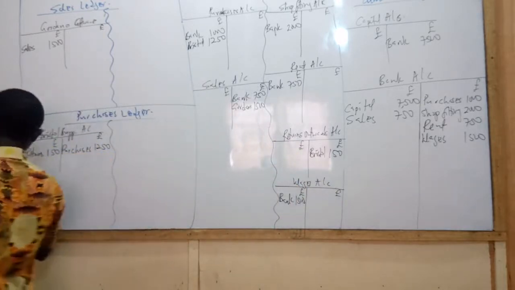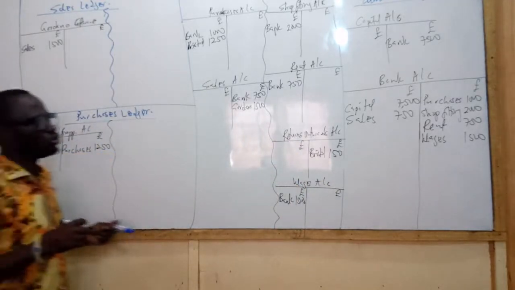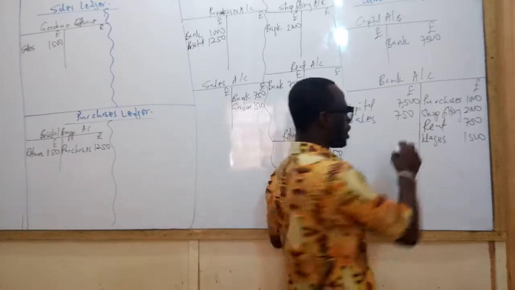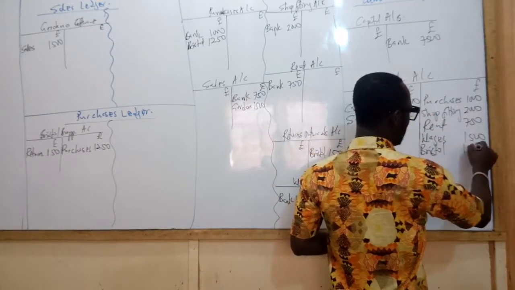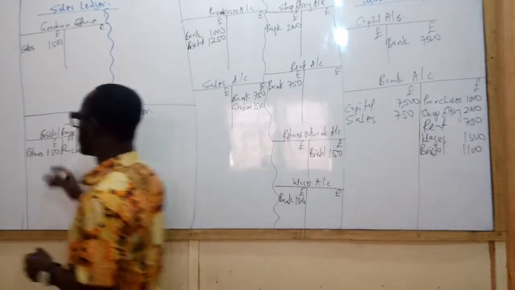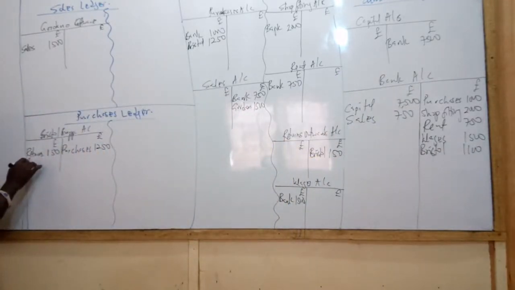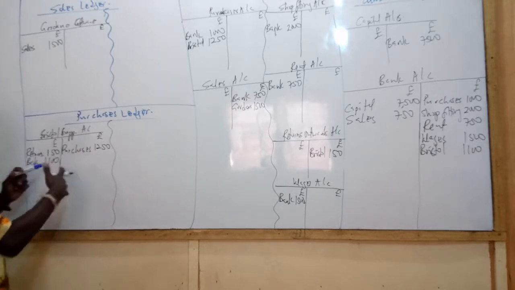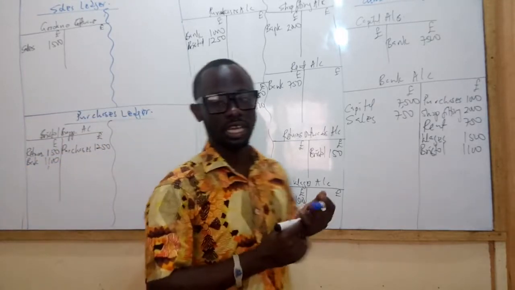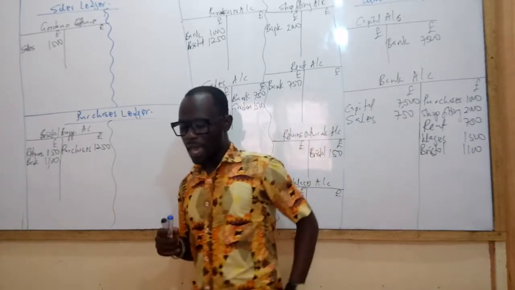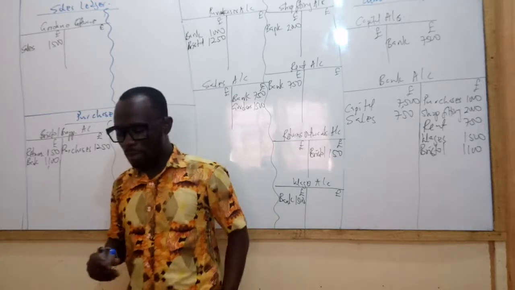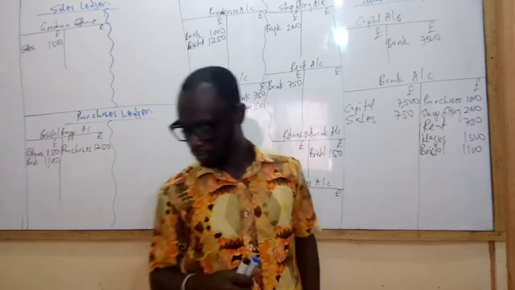So the money that was paid to Bristol Limited means we're going to be crediting the bank account in the name of Bristol with 1,100, and then we will debit Bristol's account in the name of bank with 1,100, because that is the amount outstanding as at the date we are making the payment. Okay, that's what we did.